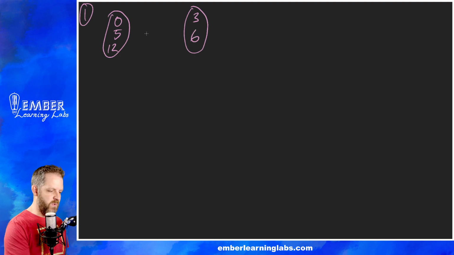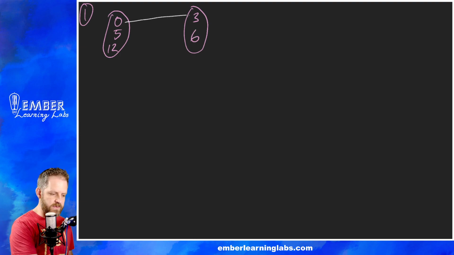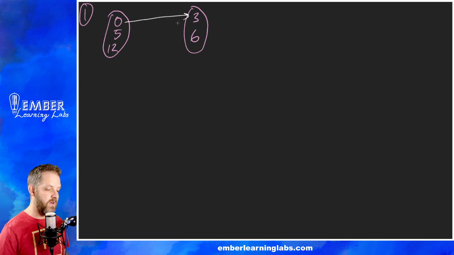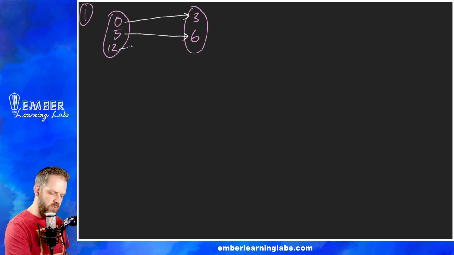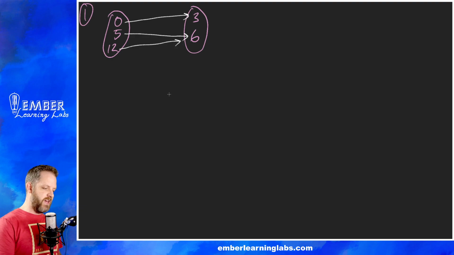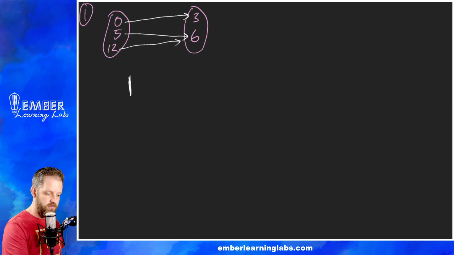If we put a 0 into the function, we get out a 3. If we put a 5 into the function, we get out a 6. And if we put a 12 into the function, we get out a 6. So is this a function, yes or no?